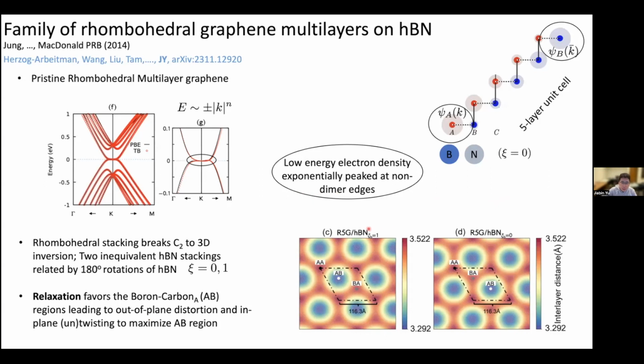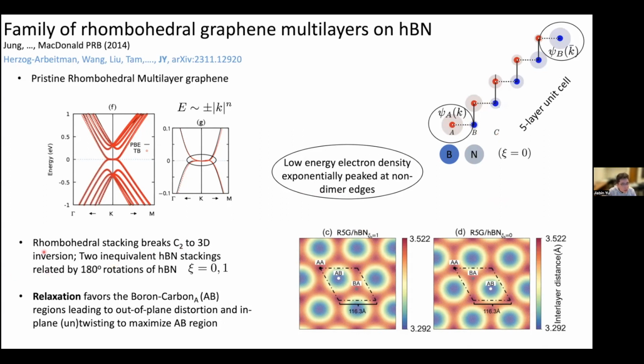If we include hBN, it generates a moiré potential. There are two effects. First is the hopping between the hBN and the carbon atoms on the lowest layer, closest to hBN.